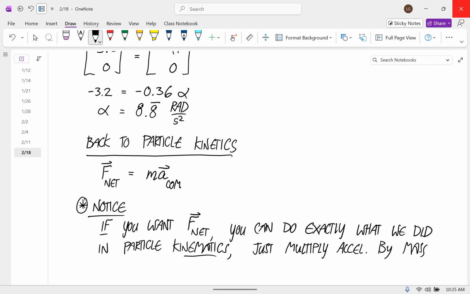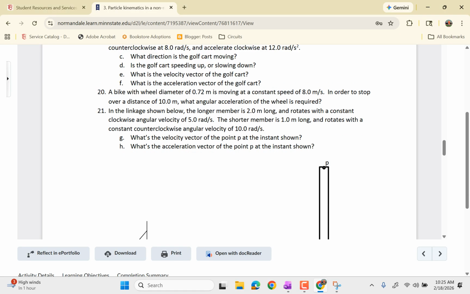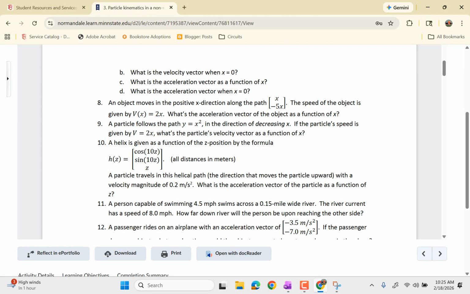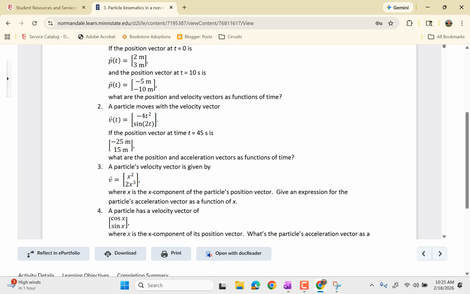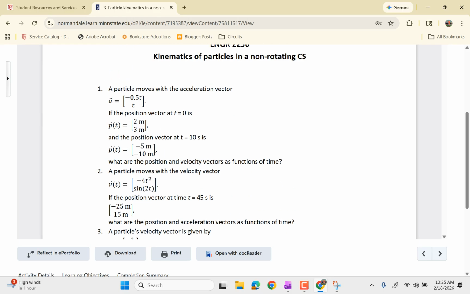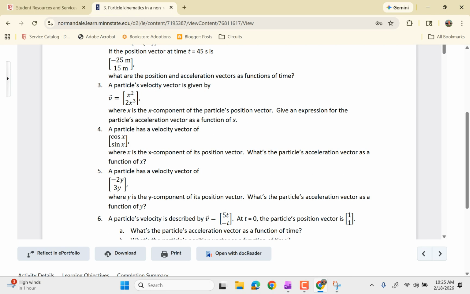Let me go for a second back to D2L. All of these problems that we did in particle kinematics, probably all of them at some point ask for the acceleration of the particle. And so I could make these kinetics problems by saying the thing has a mass of 0.15 kilograms or something. What's the net force acting? And then all you would be doing is taking the acceleration that you calculated and multiplying it by that mass. And that would give you the net force in newtons.